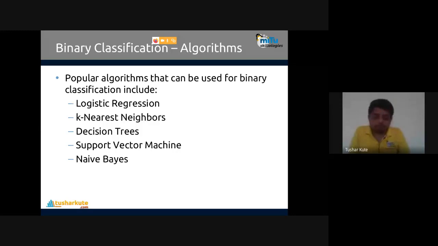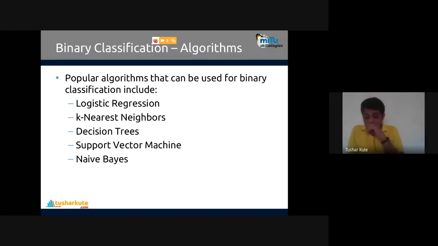But others which are used for multi-class are also used for binary classification, like k nearest neighbor, KNN algorithm, decision tree algorithm, SVM, Naive Bayes. Out of these, logistic regression is the special binary classification algorithm.